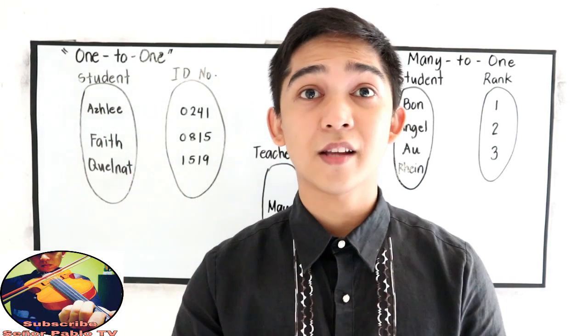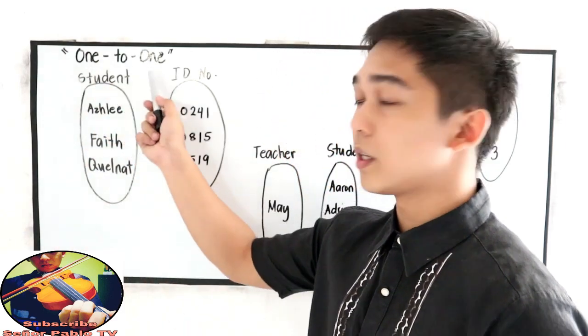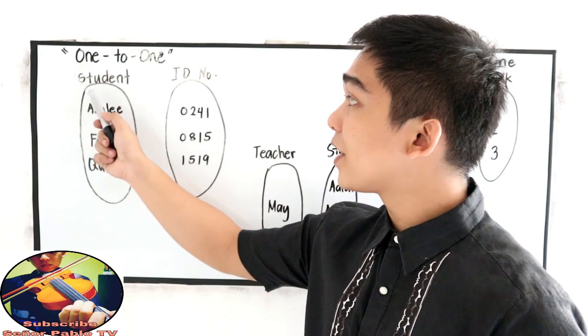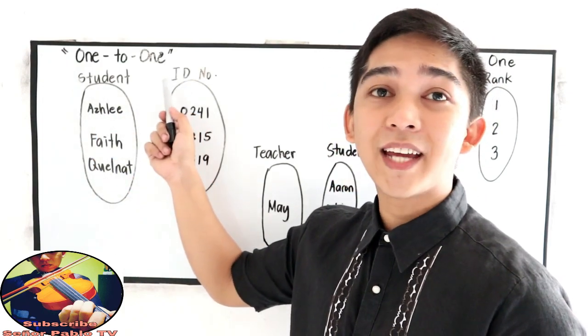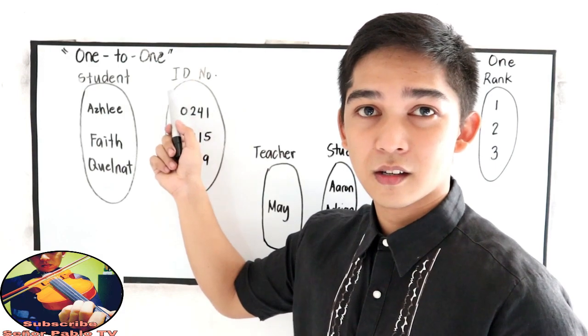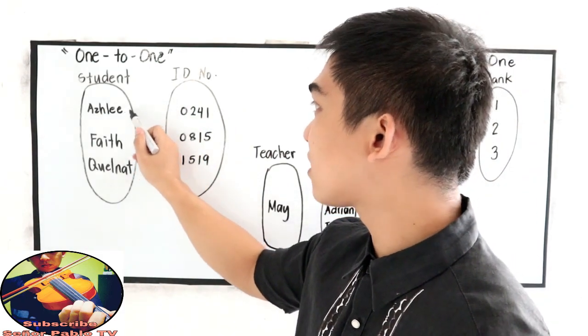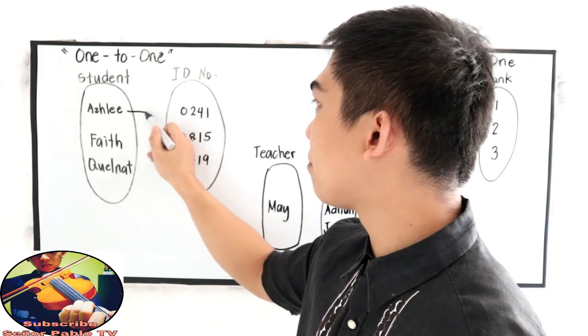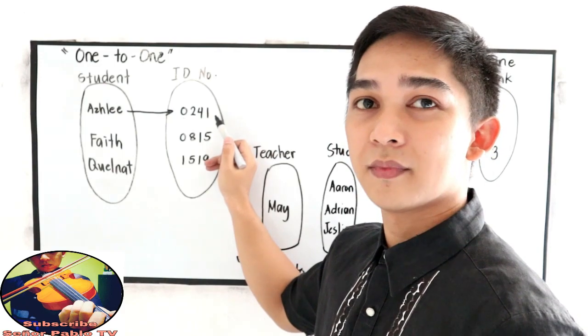And now let's discuss the one-to-one correspondence. So one-to-one. Let's say we have a name of a student and their ID numbers. Let's say for Ashley, she has an ID number of 0241.